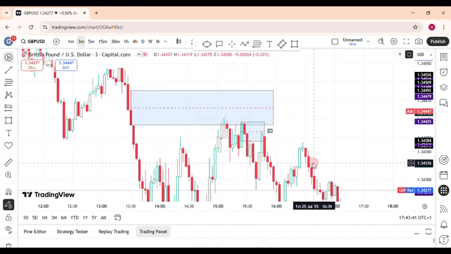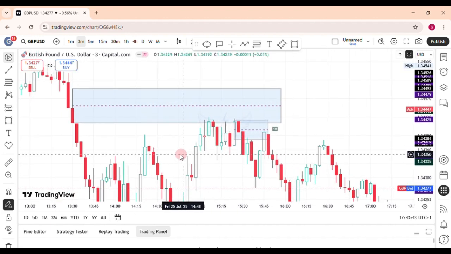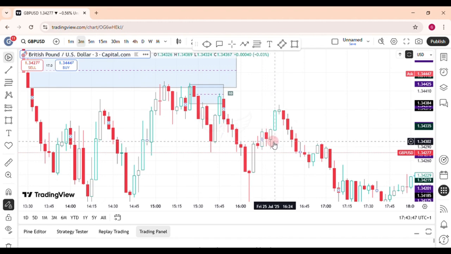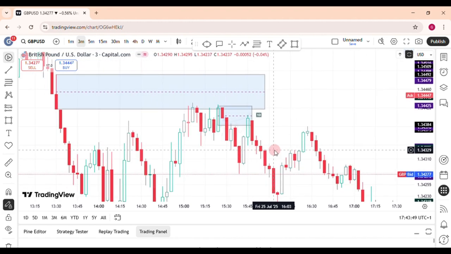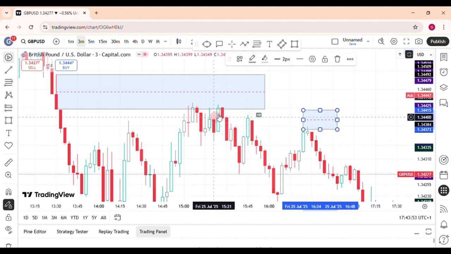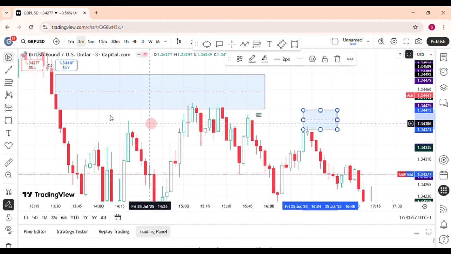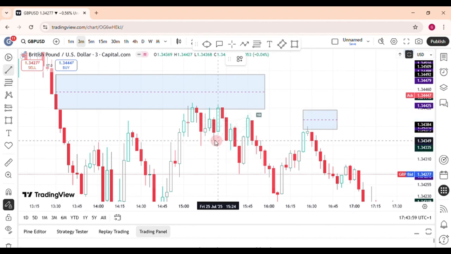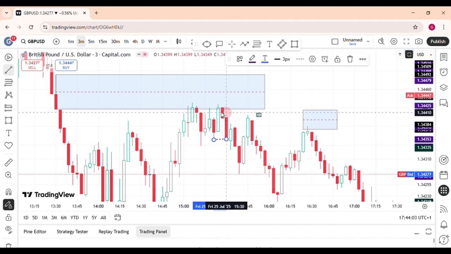You see how we have multiple taps into that fair value gap. So we wait for a break of market structure and another fair value gap for our entry. Now we have a tap into this fair value gap. You see how market crossed down below this previous low, and prior to that we have our fair value gap here, and this is going to be used for our entry.